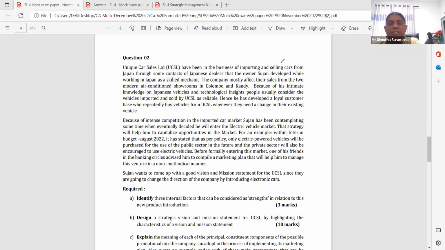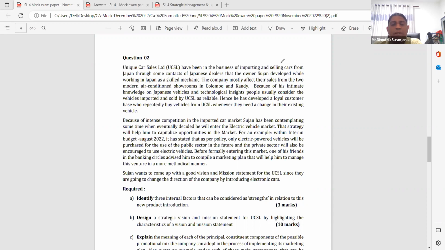For example, in the interim budget, it was stated that as per policy, electric vehicles will be purchased for the use of the public sector in the future. That was mentioned, if you remember the budget. This interim budget was presented in October 2022. The government mentioned that only electrical vehicles will be purchased for public sector use, and the private sector will also be encouraged to use electrical vehicles.